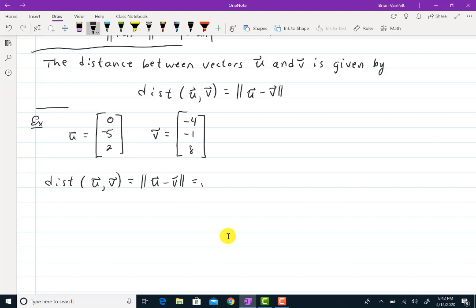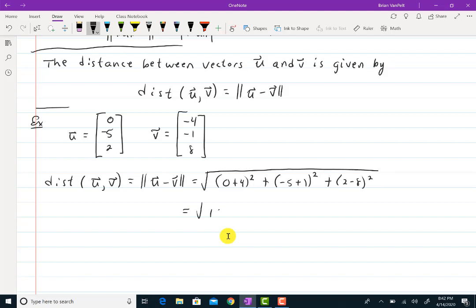And what you do in those cases is you just subtract the various pieces, like 0 minus -4 and square it, plus -5 minus -1 and you square it, plus 2 minus 8 squared, and we take the square root of the whole thing.